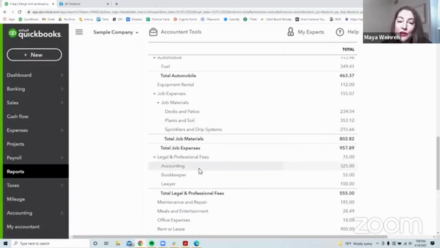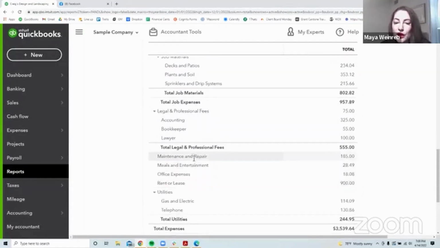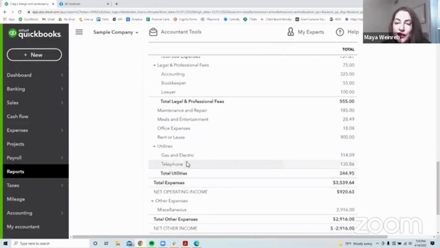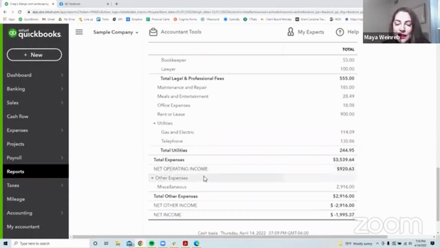Then he's got his legal fees, accounting, bookkeeping, lawyer, maintenance, meals, other office expenses, rent or lease for his office, utilities, and then he's got other miscellaneous expenses.